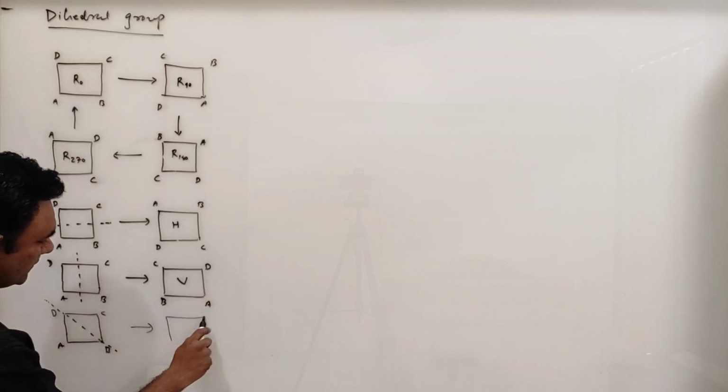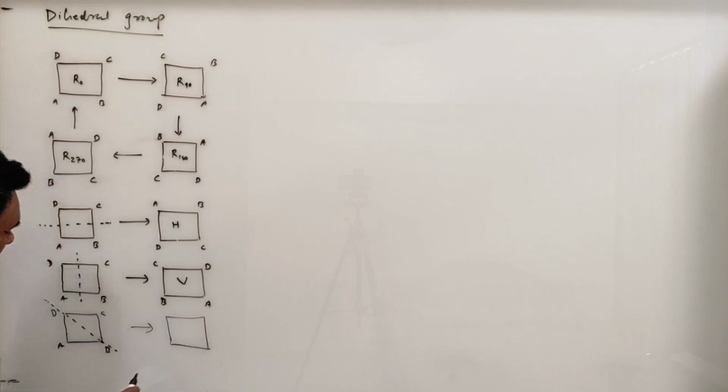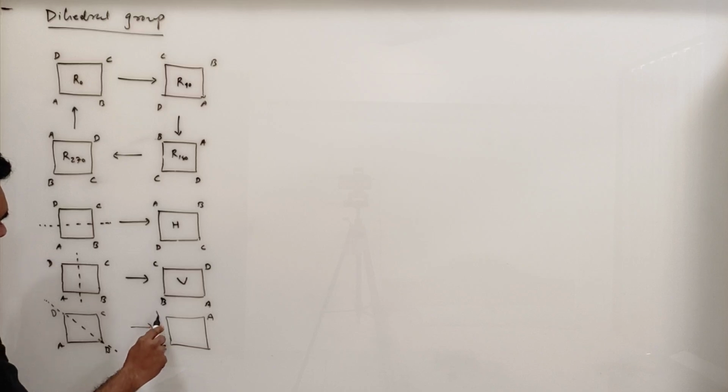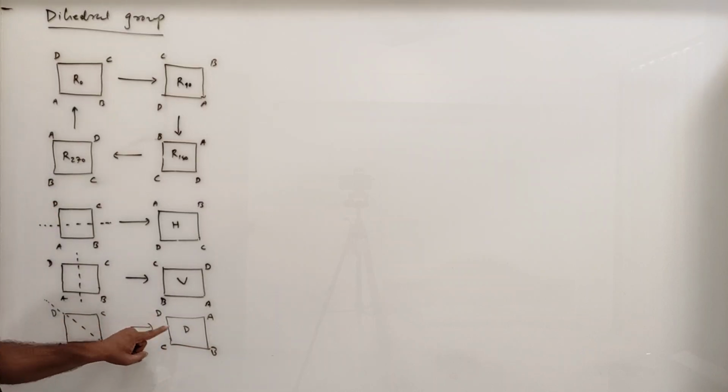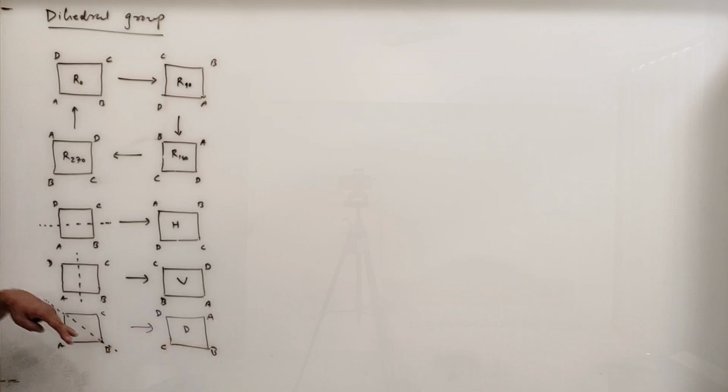So I have this situation. This will be C, this will be A, this will be D, and this will be B. So this is a diagonal line. So let me say it is D, so you don't confuse this D and this D. This D is a reflection about this diagonal line, right?